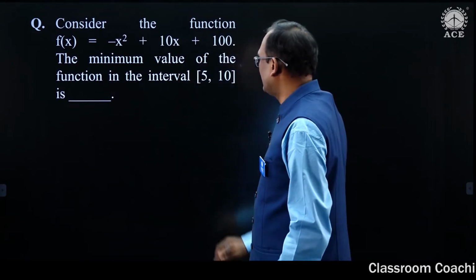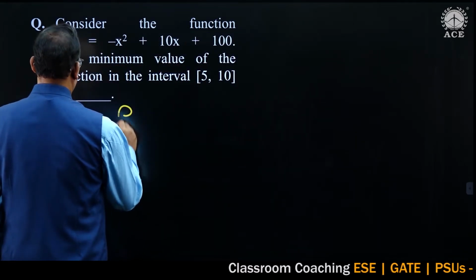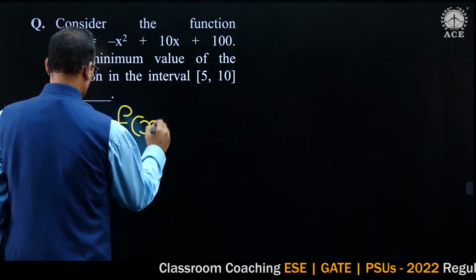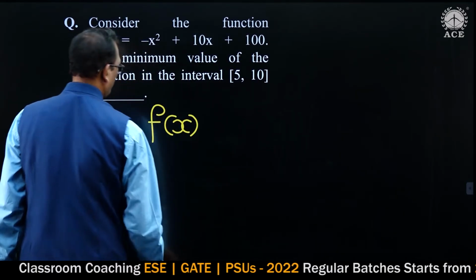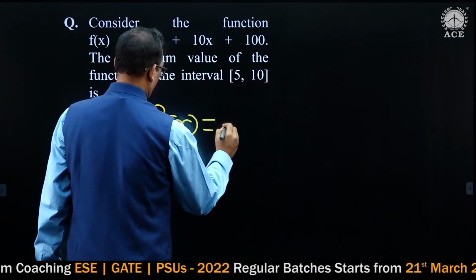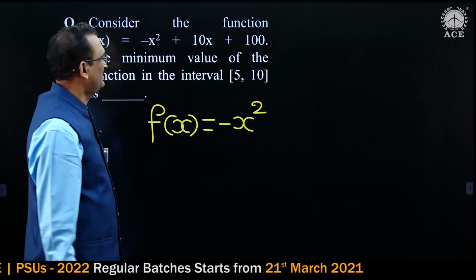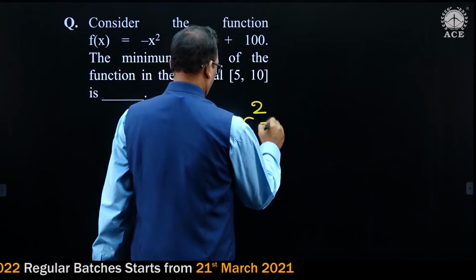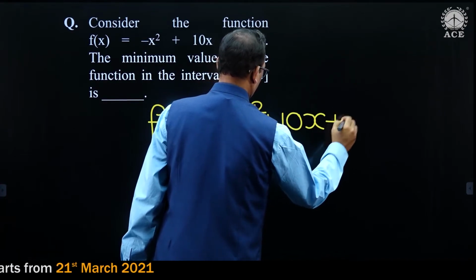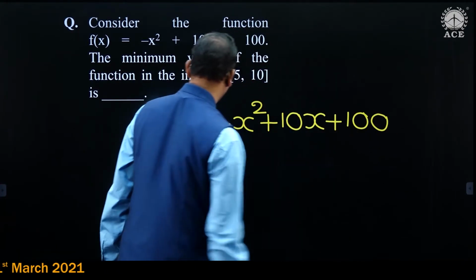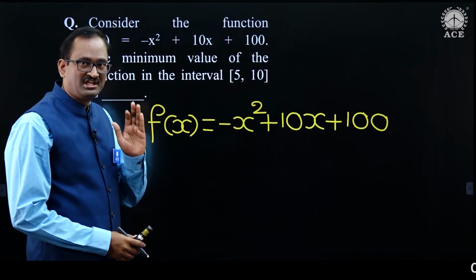So first of all, take the given function. F of x is equal to minus x square plus 10x plus 100. Let us find the stationary point, I mean critical point.